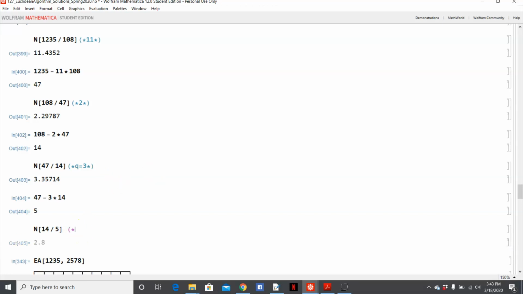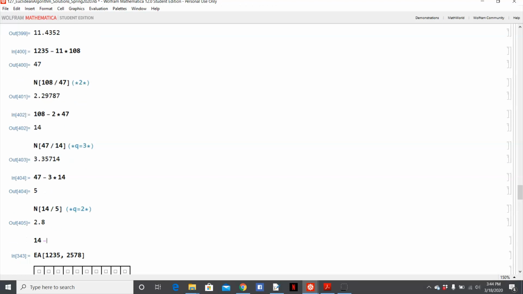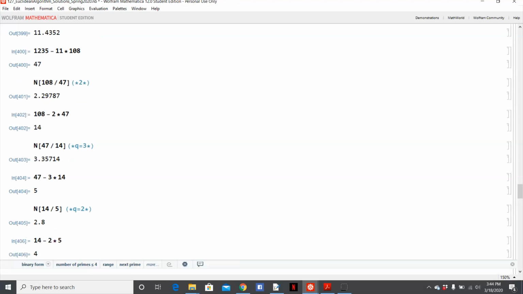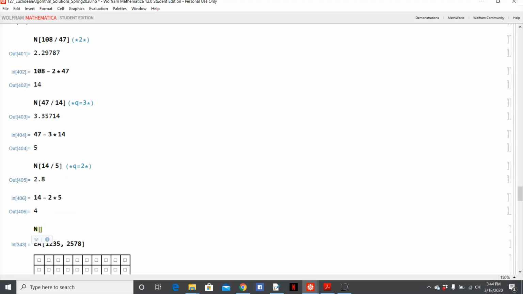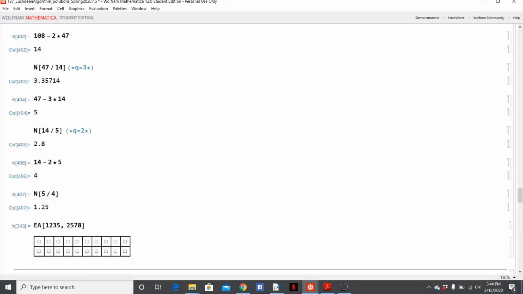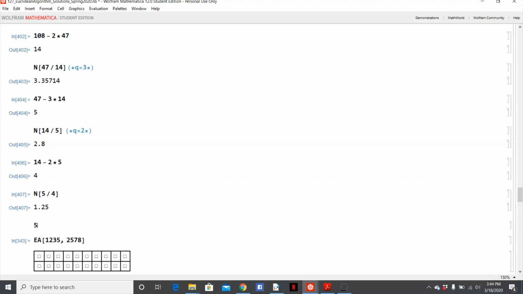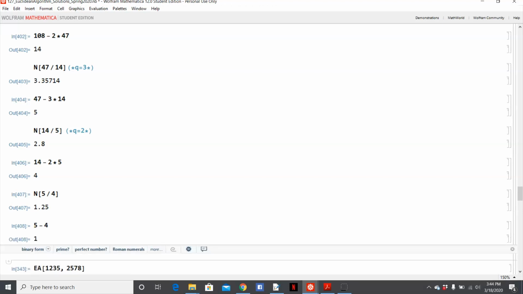Doesn't go in quite 3 times, so I get a quotient of 2. All right. That gets me 4. And now I divide 5 by 4. And what do you know? I get a quotient of 1. And when I subtract 5 minus 4, I get 1.